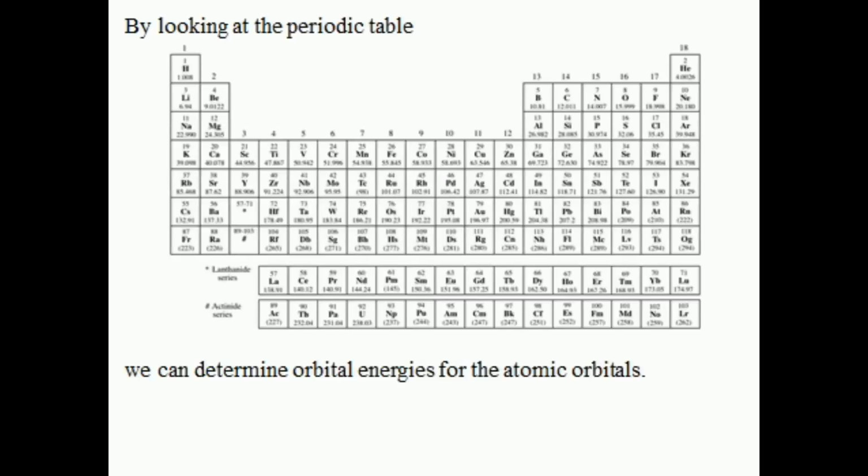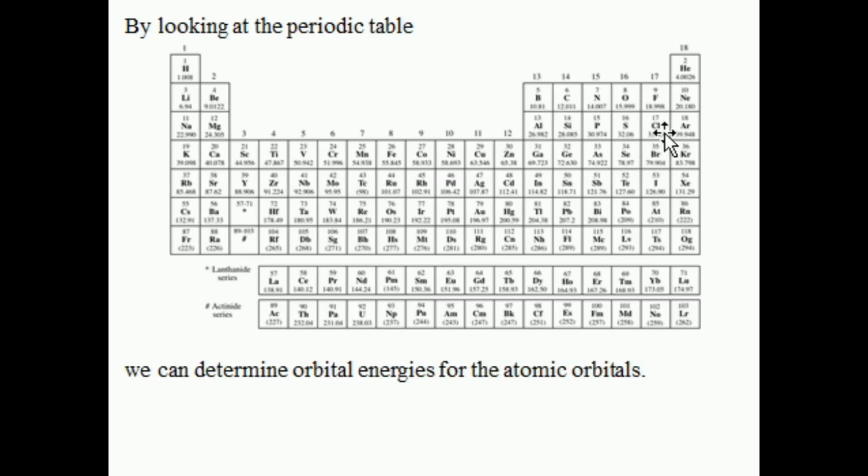In the last lecture we examined how the periodic table describes the electronic configurations of the atoms. Each row of the periodic table corresponds to the principal quantum number n, 1, 2, 3, and so on. The first two columns on the left represent electrons being put into an s orbital.